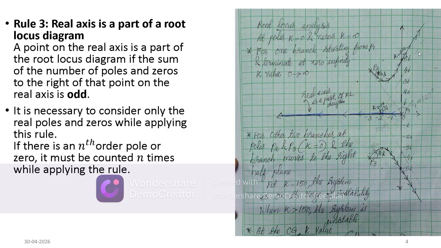Asymptotic lines are represented with dotted lines. One is this one, 60 degrees, that is pi by 3. Another one is 180 degrees here itself, so that we cannot see. And another one is 5 pi by 3, so that will be here. In that way, we can mark the asymptotic lines.